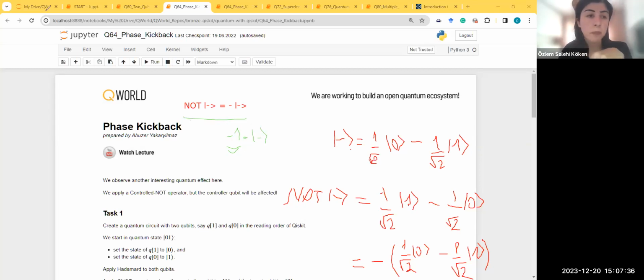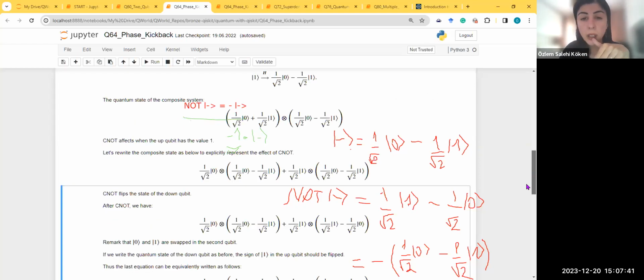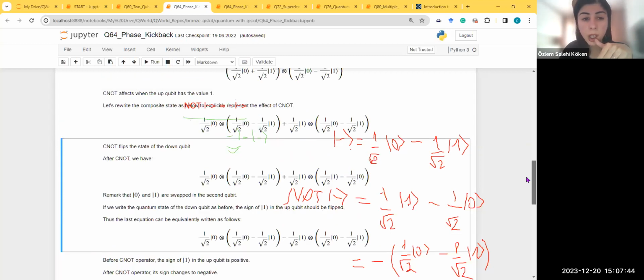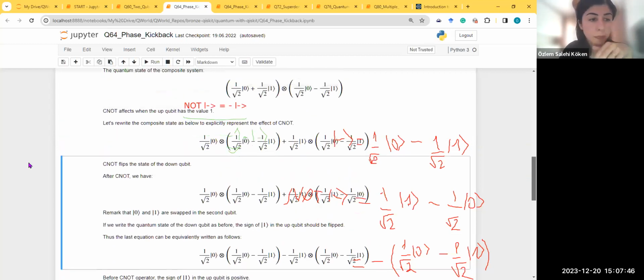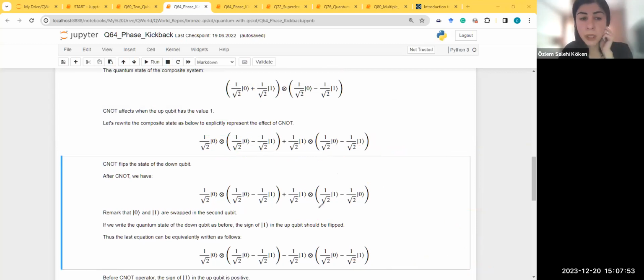It's kickback. And how did this affect our results? Because in this example, remember, we were applying CNOT at this stage here, between this and this. And when we applied CNOT, we had the sign here, which was changed. And this was a result of phase kickback.